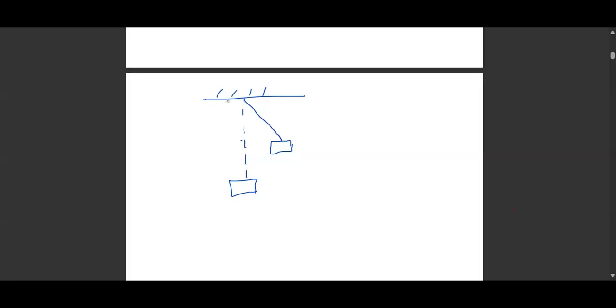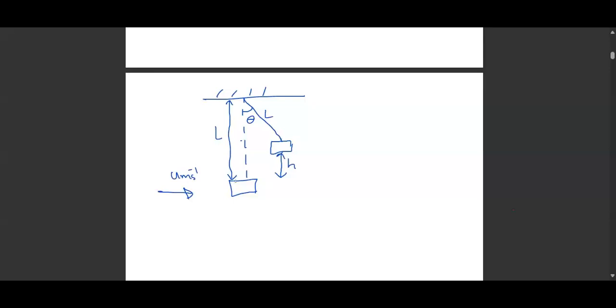Now, the length from here up to here is going to be the length of our string, which will still be the same as here. For this case, our angle of inclination with the vertical is theta. Now, from here, we shall have this height, I'm going to call it h. Now, the bullet comes from this side, and this bullet has a velocity u meters.